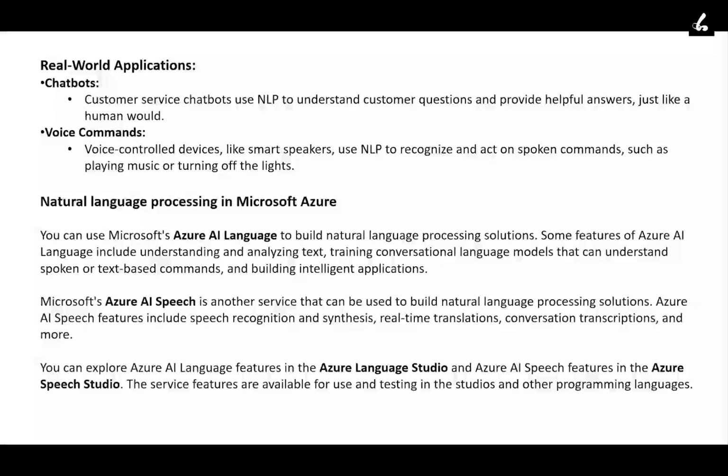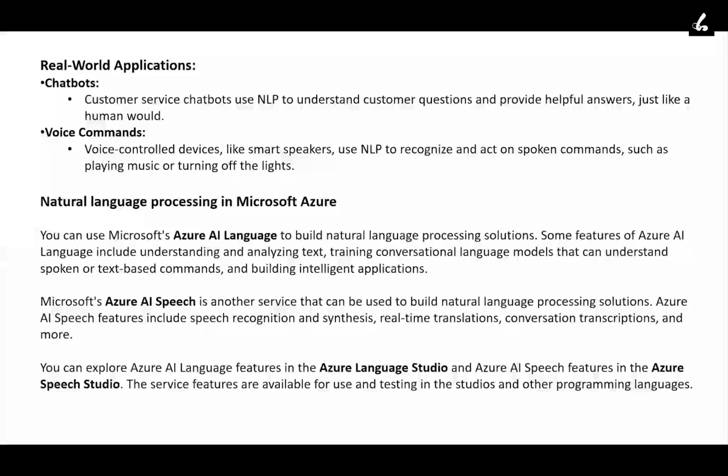Azure AI Speech as well is another service that can be used to build natural language processing solutions. Azure AI Speech features include speech recognition, synthesis, real-time translation, conversational transcription, and more.